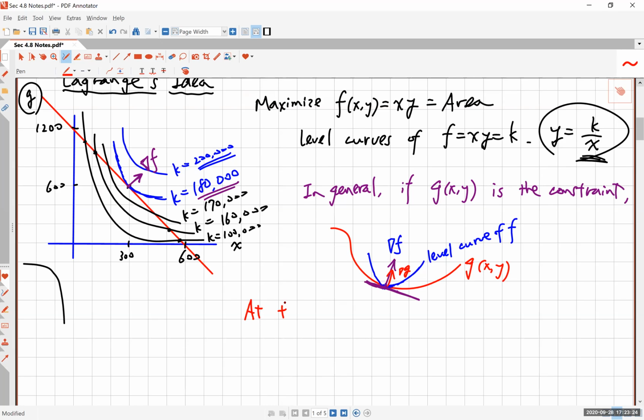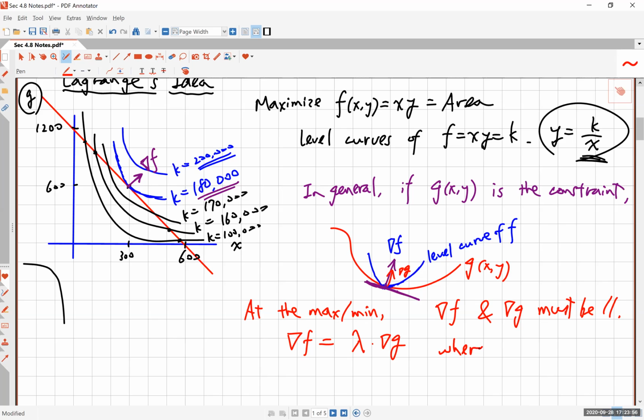So here's the point. At the maximum or the minimum, whichever you're looking for, the gradient of F and the gradient of G must be parallel to each other. In other words, the gradient of F must be some constant multiple of the gradient of G. So the gradient of F is some lambda times the gradient of G, where lambda is some real number.